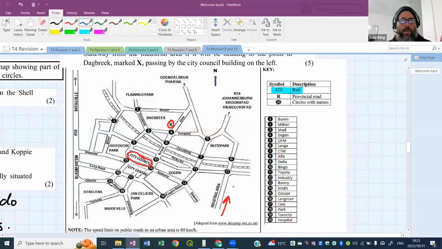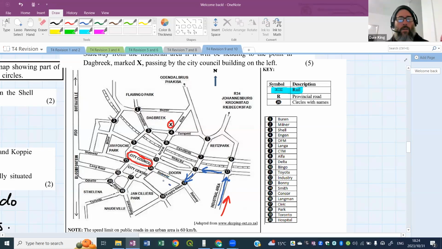All right, let's try this one out. Describe the route from the industrial area where the red arrow is, past the city council building circled over there and to the X. So I'd say you head straight on the industrial area road, and then you turn left, and then when you get to a crossroad, you're going to turn left again, and then turn right on Stateway.